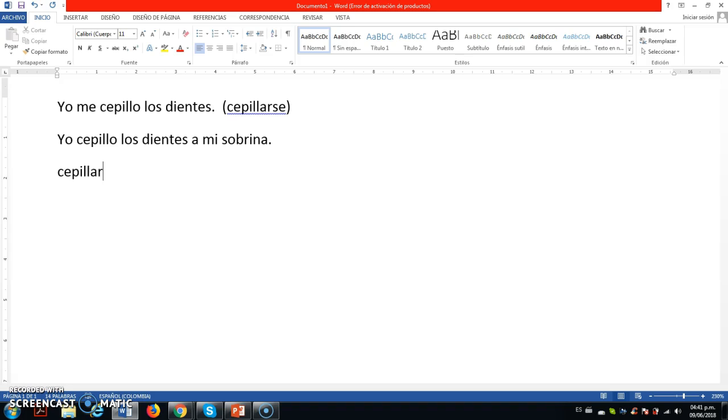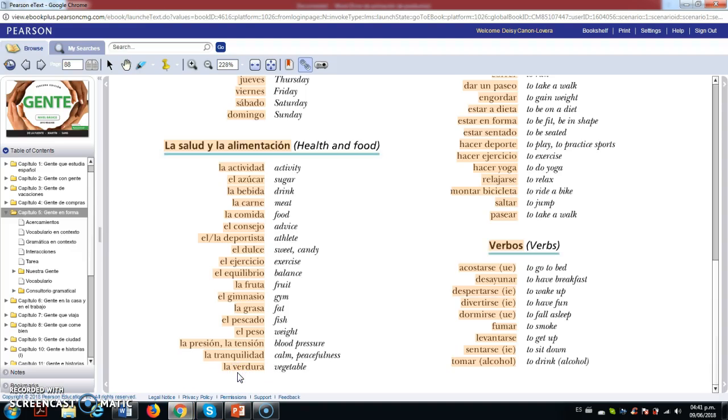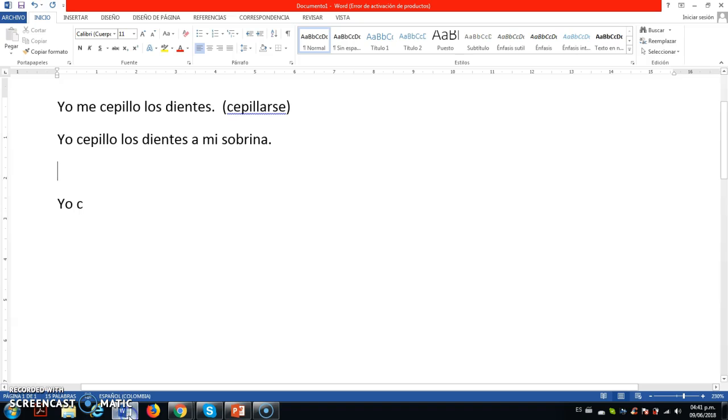So, we have the verb cepillar. When we are talking about the way to conjugate regular verbs, you know that you have to take out the AR, and you will add different vowels according to the subject. So if it is yo, you will add O. So you will say yo... no, sorry, the verb cepillar is not one of these ones. It will be the verb despertar.